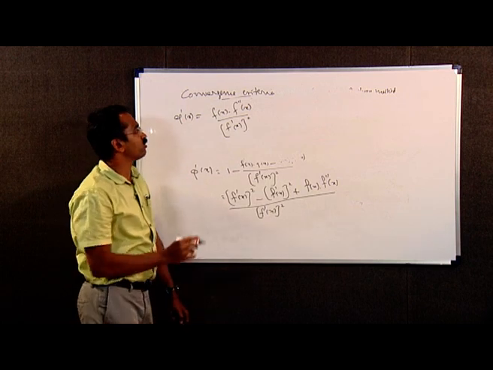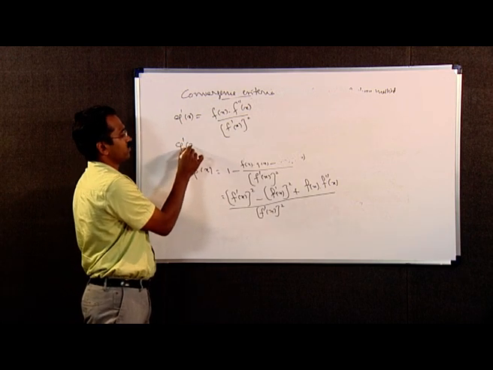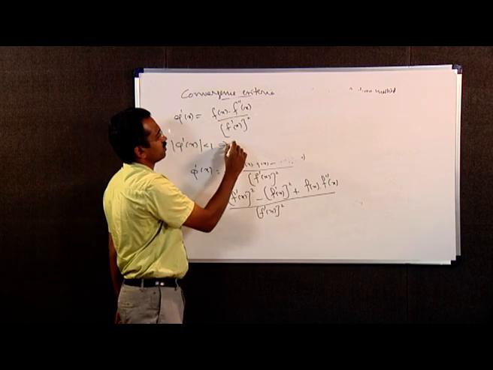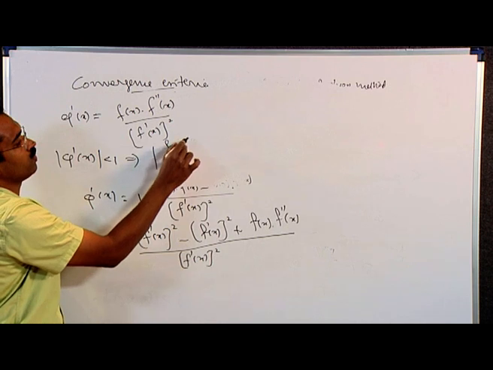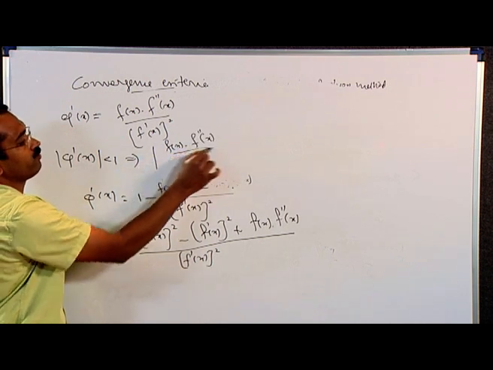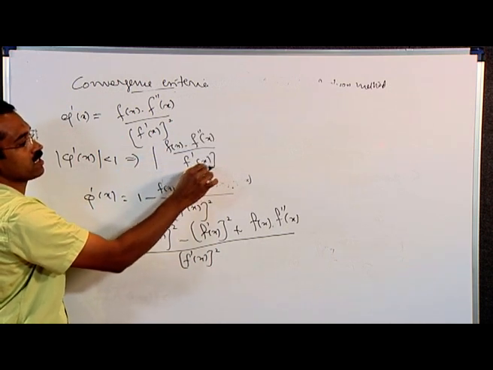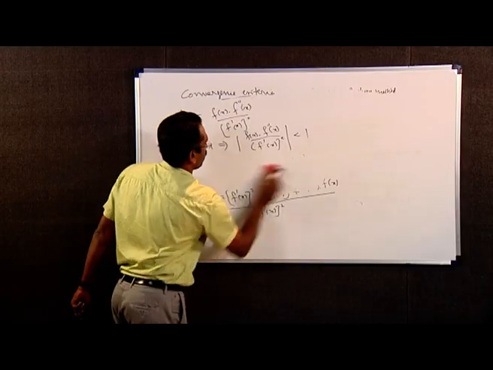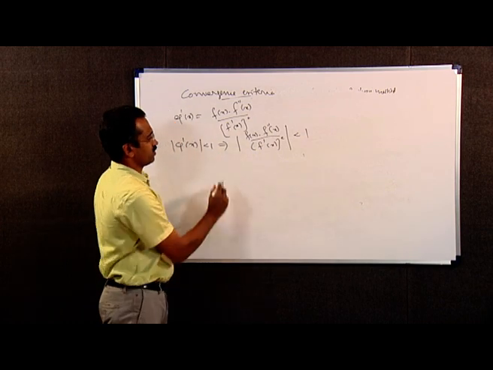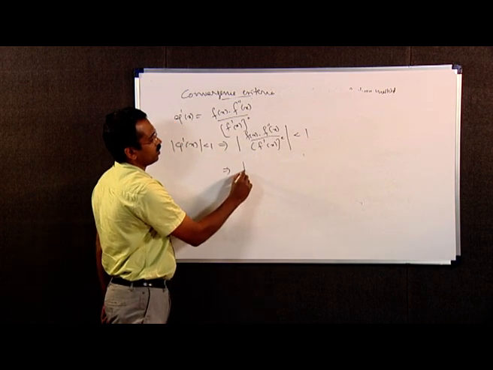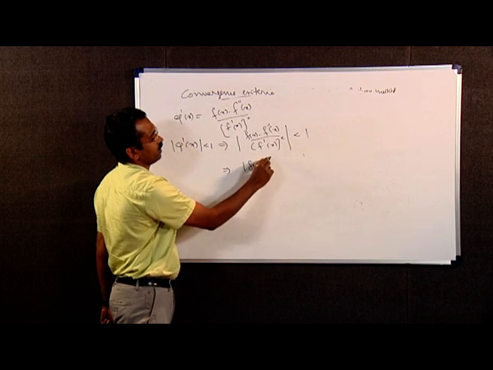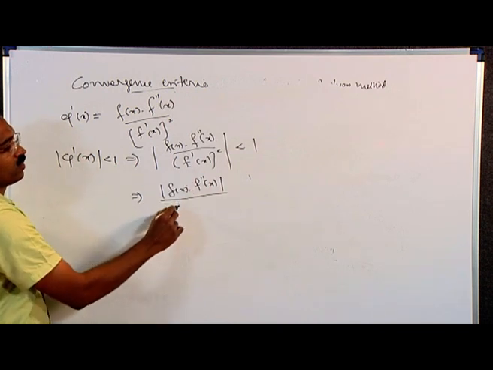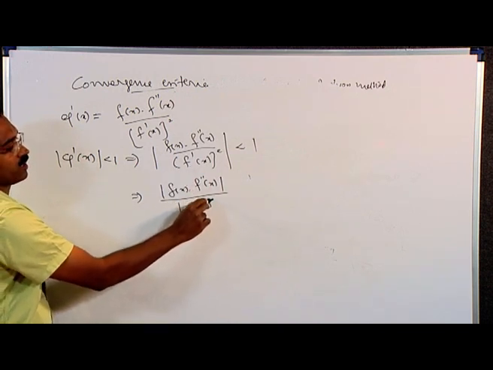Now, mod phi dash of x less than 1 gives modulus of f of x into f double dash of x divided by f dash x square is less than 1, which implies modulus of f of x into f double dash of x divided by modulus of f dash of x square.